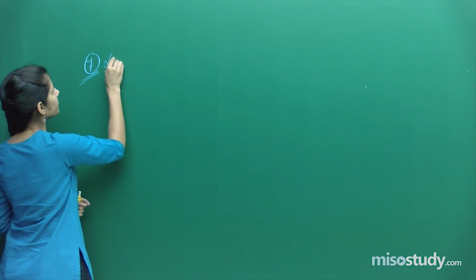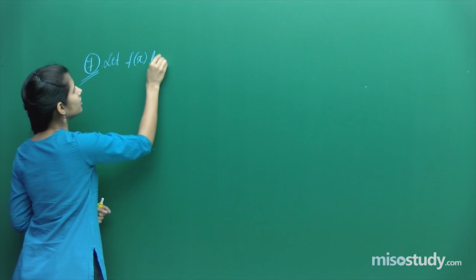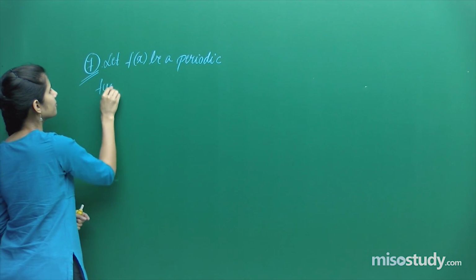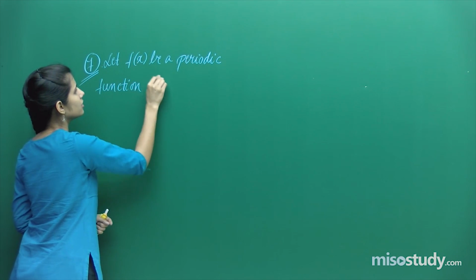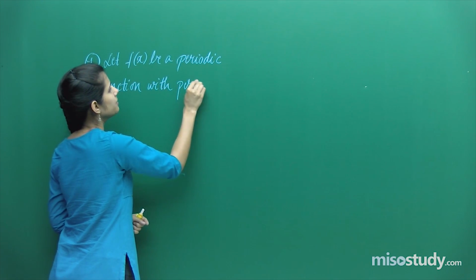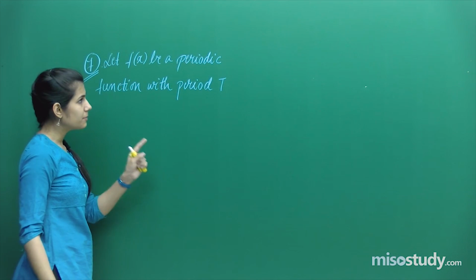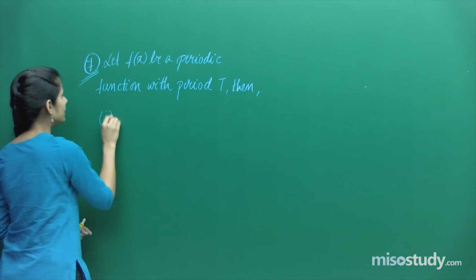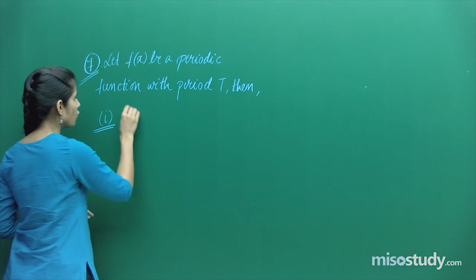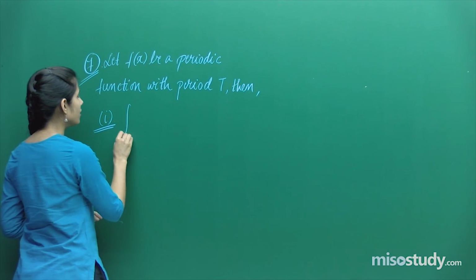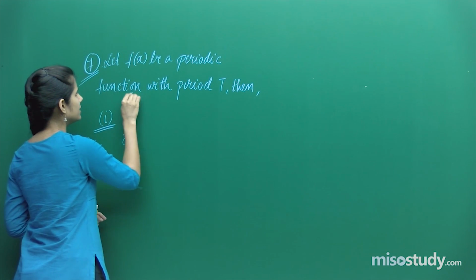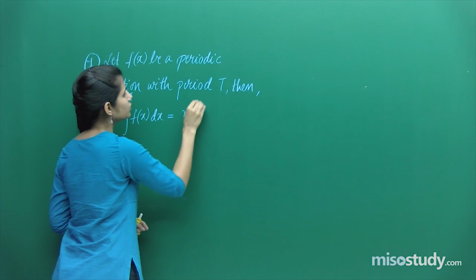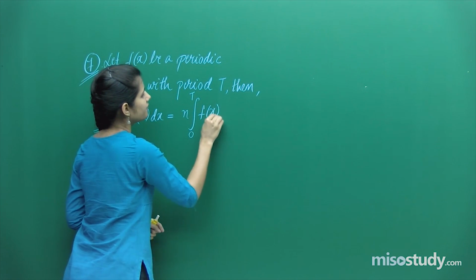So if you have a periodic function with period or fundamental period T, then the first thing we understood under this head was that with such a function, the definite integral running from 0 to nT f of x dx is equal to n times the integral from 0 to T f(x) dx.